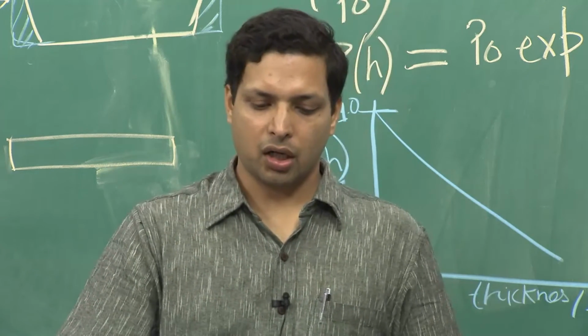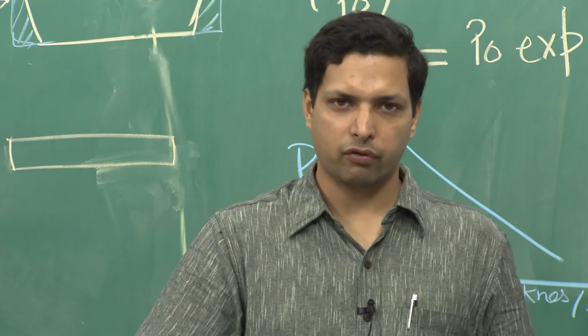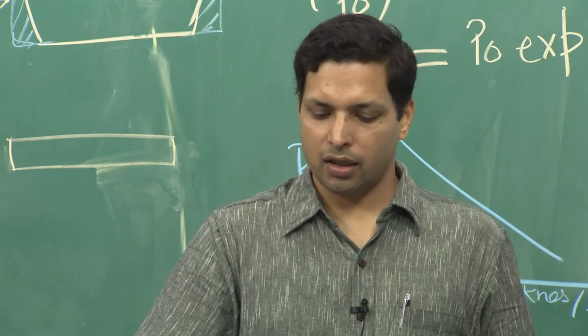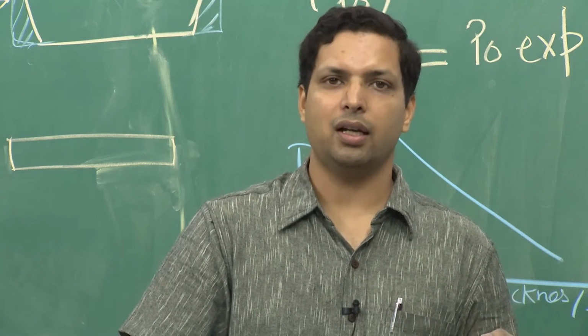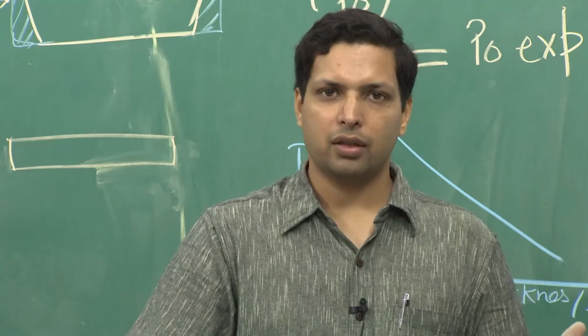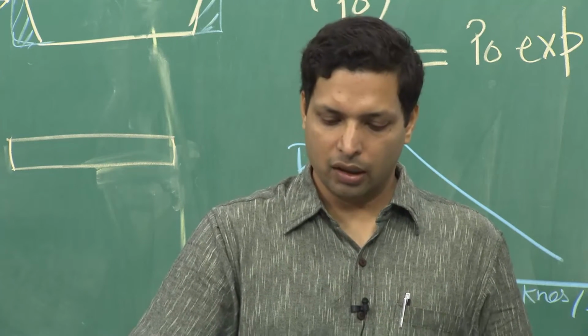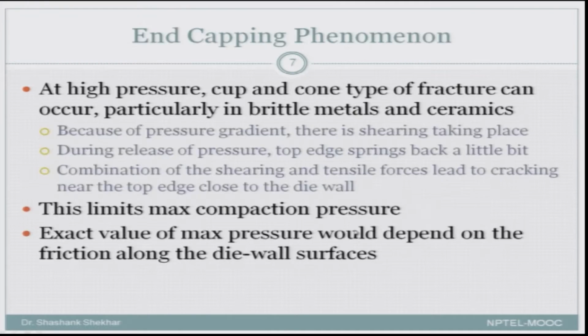The pressure variation across the part leads to green density variation, which is more of a concern, although the density gradient is not as large as the pressure gradient. So, maybe your pressure is varying by 20%, but the density may change by only a few percent, but that is still enough to cause differential shrinkage. It is still detrimental to the overall shape. So, a density gradient can cause varying shrinkage. This is what we have learned so far.